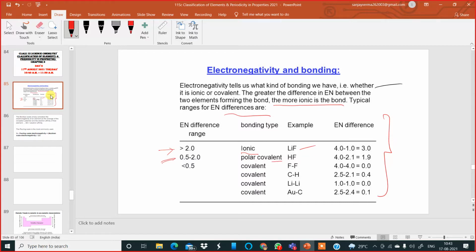If it is less than 0.5, then it falls under covalent bonding. So this you must remember. Electronegativity difference greater than 2.0 will give an ionic bond, between 0.5 to 2.0 will give a polar covalent bond, and less than 0.5 will give us a covalent bond. This will help us understand what type of bonding exists.